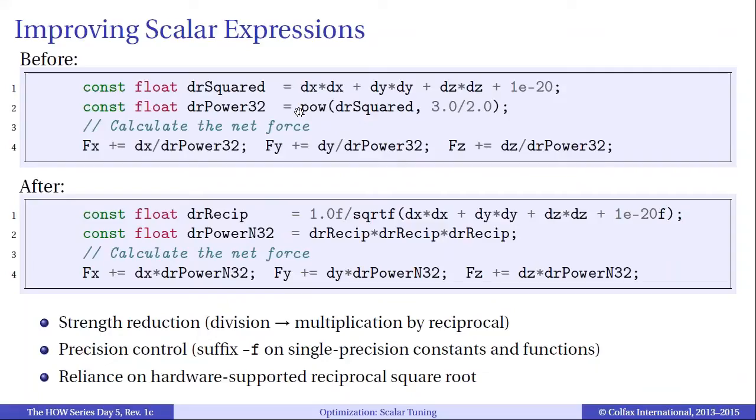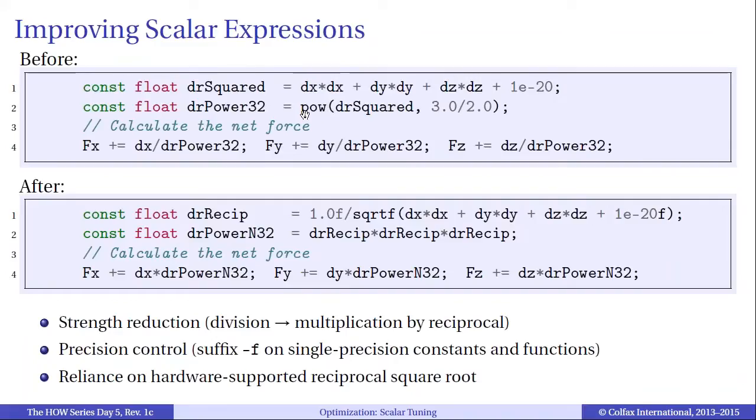This power function, POW, is actually a double precision function. It takes double precision arguments and returns a double precision result. So when I do this computation, dr squared is promoted to double precision. Then I do the math in double precision, and then I return the result in double precision and convert it to single precision. So this is a terrible operation.